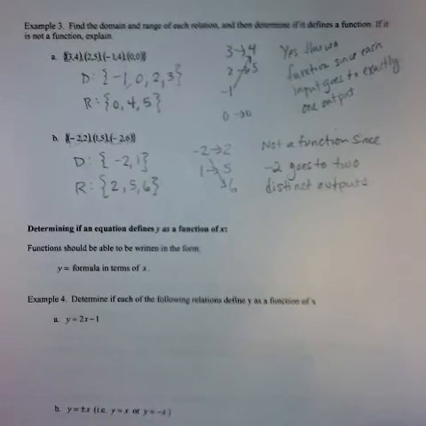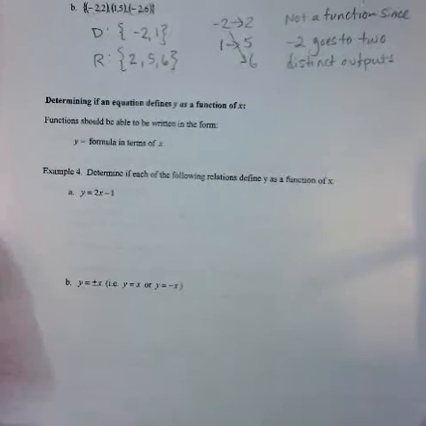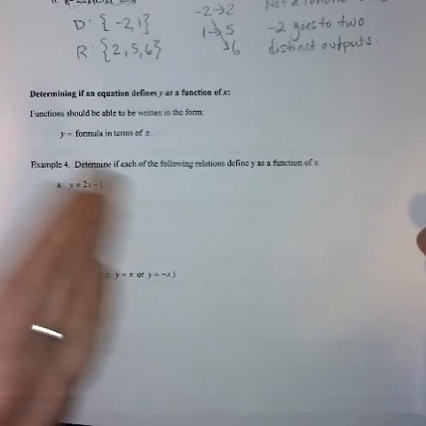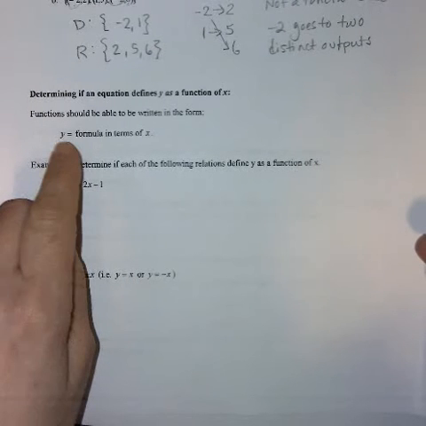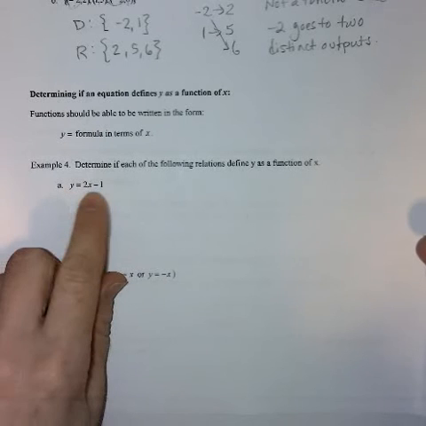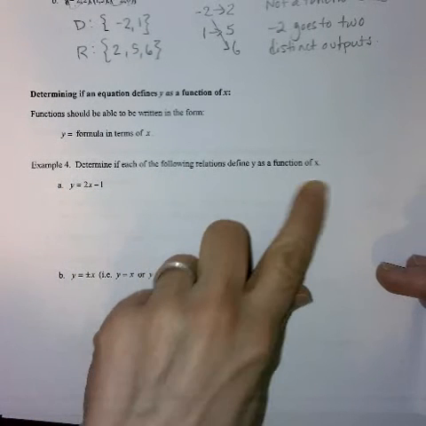All right. Now, if we have formulas, we want to also be able to tell if those are functions or not. And so it's really easy if y is already isolated and you've got the formula in terms of x on the other side. Like in A, in this example, we're going to determine if these relations define y as a function of x.